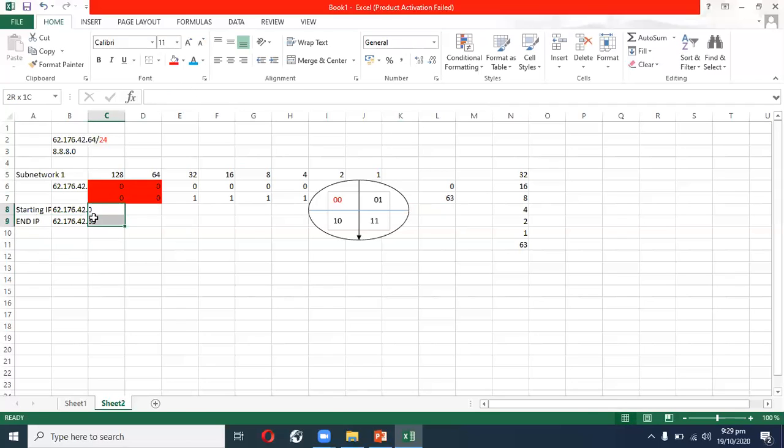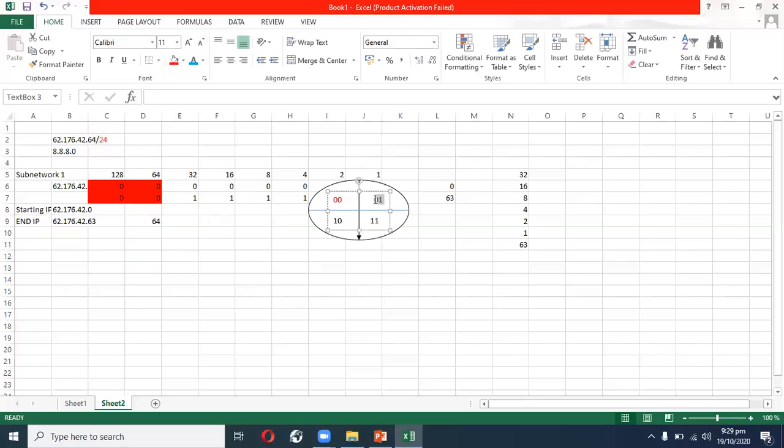How many networks does it give us? 0 to 63 gives us 64. After I calculate all the IPs, we will add all the subnetworks, and we should get 256. Now this is done for 00.